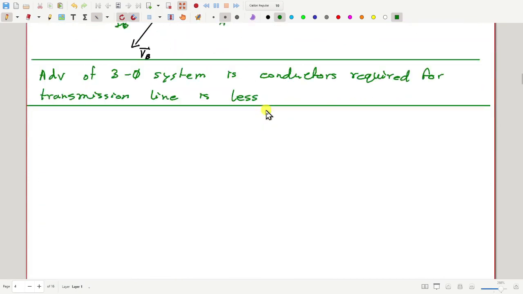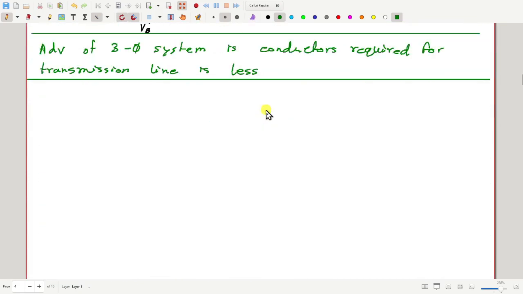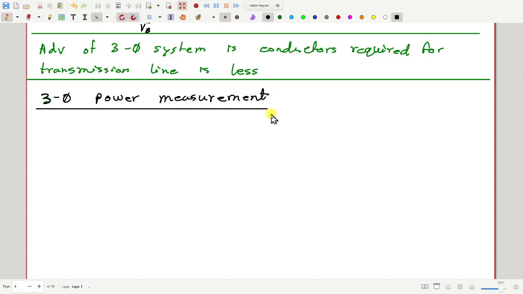Okay, so let me come to 3-phase power measurement. In our last class, we were talking about wattmeters and how to connect wattmeters.